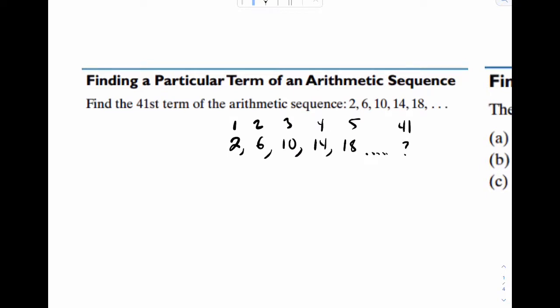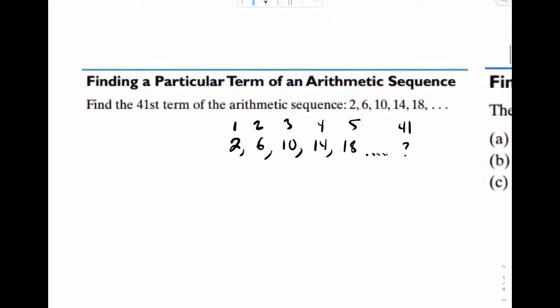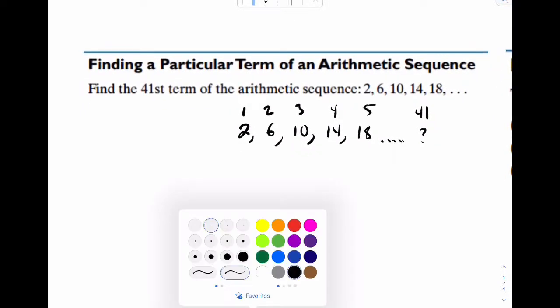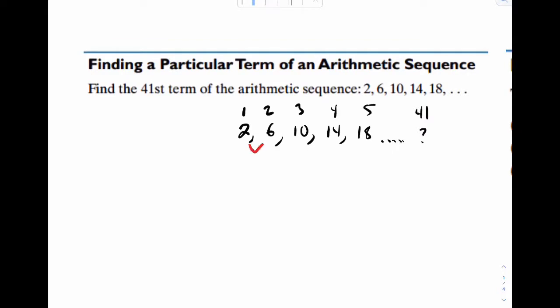To do that, we're going to first approach it logically, meaning like let's say in the SAT or the AMC, I want you to be able to think through a question like this without having to recall a formula. Just thinking about it logically, we should be able to identify it's going up by 4 every time, meaning it is an arithmetic sequence. The question is, well, how do I get to that 41st term?